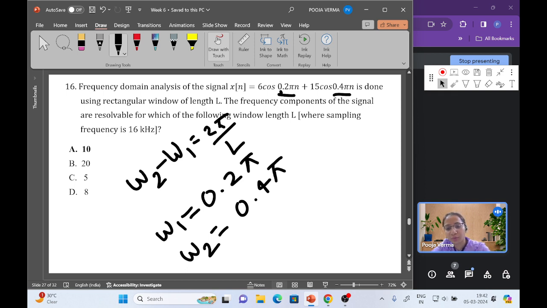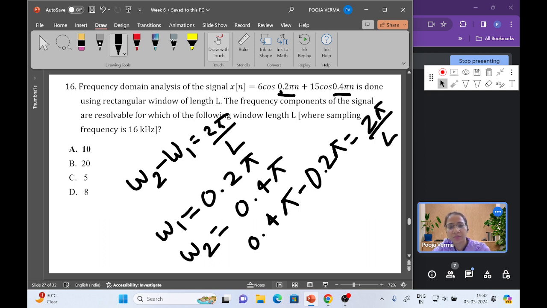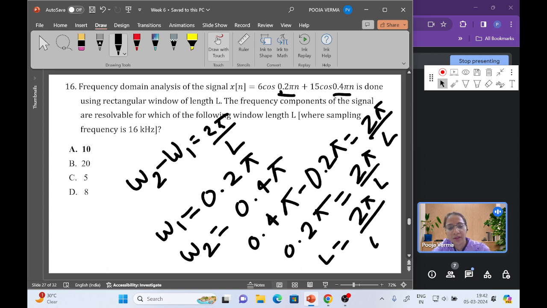So you can put 0.4 pi minus 0.2 pi must be equal to 2 pi by L. Okay, so what will we get? 0.2 pi equal to 2 pi by L. So L is equal to 2 pi divided by 0.2 pi.